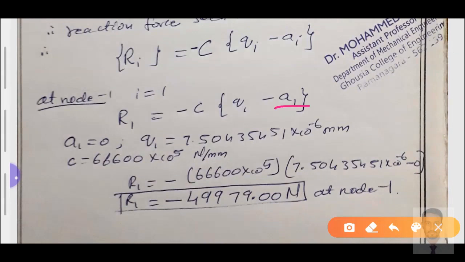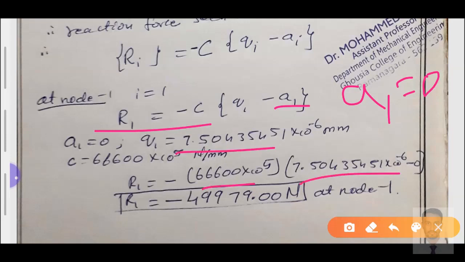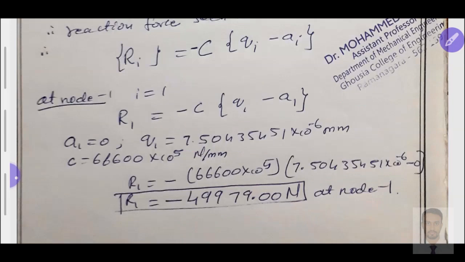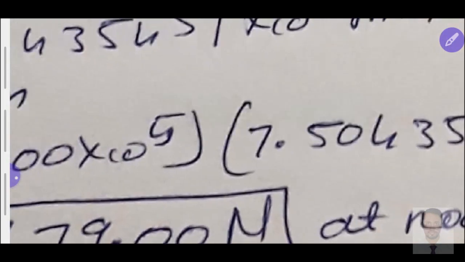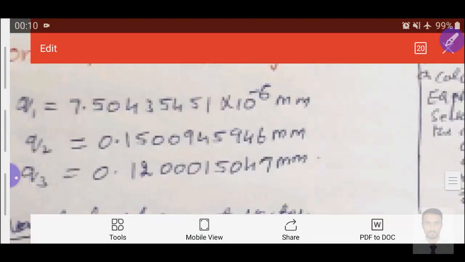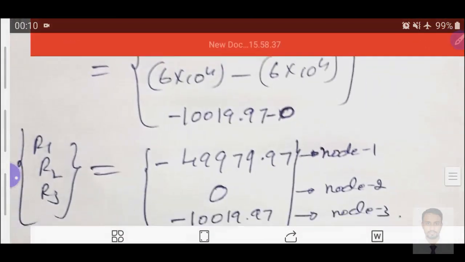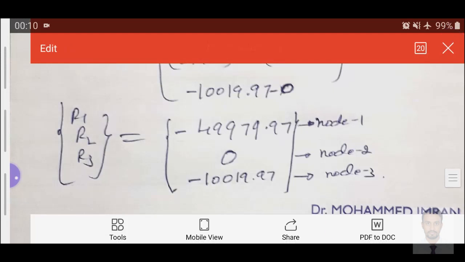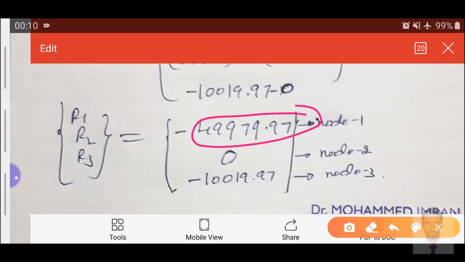A1 is the given value, A1 equals 0. Then substituting all the values, we have the reaction at node number 1, 49979.00 Newton. So you can check this value with the help of the penalty method. The same value we found here with the help of the elimination method. See this one at node number 1.